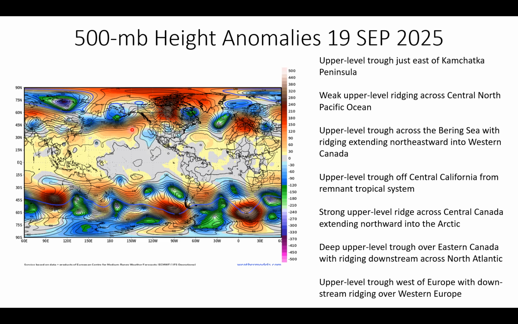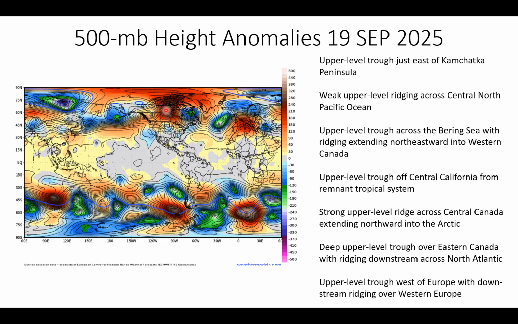We do see additional ridging downstream here, right on into northwestern sections of Canada. And we do also have on the weather map an upper level trough, which was positioned just off the central California coastline. This upper level trough or lower heights is associated with a remnant tropical system.